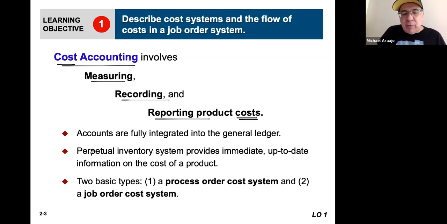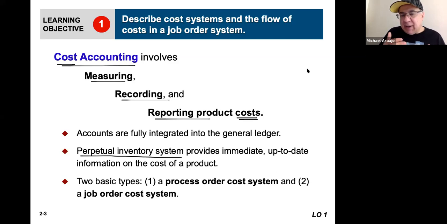What we need to know probably from back in, what chapter was it? Way back in Accounting 104, you might remember we talked about inventory, chapters 5 and 6. You knew that there were 2 types of inventory systems that you learned about. One was a perpetual inventory system, which basically keeps track of things immediately.